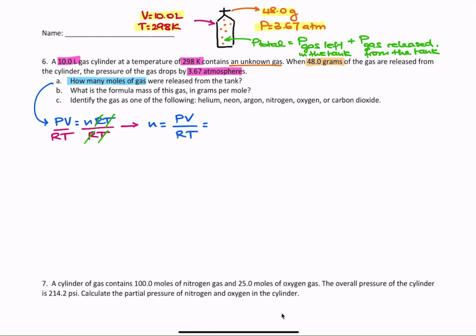Plug in the numbers. The pressure is 3.67 atmospheres, the volume 10.0 liters, over 0.08206 liter atm per mole Kelvin for the gas constant, and the temperature 298 Kelvin.